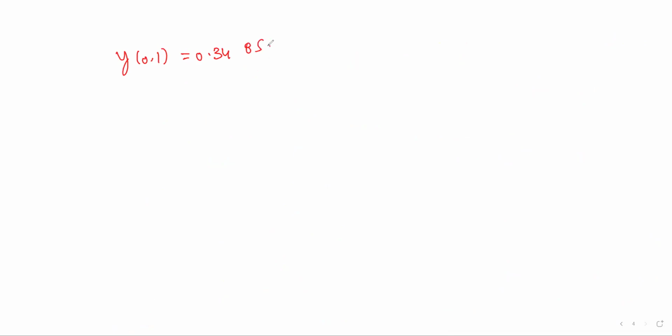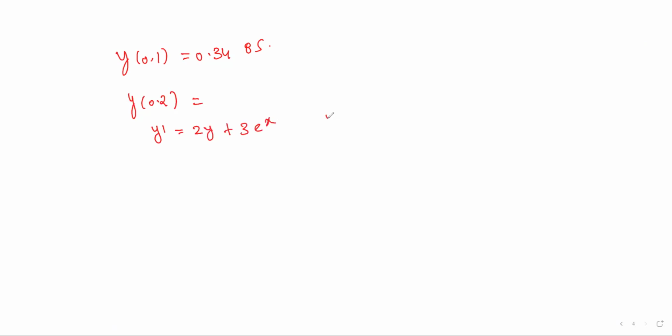Same thing you do when you calculate the y of 0.2 value. In order to get the y of 0.2 value, how are we going to go about it? Now we shall compute y of 0.2. The equations will remain the same, but here there is a trick you have to remember. As you see, y dash was equal to 2y plus 3 e power x.